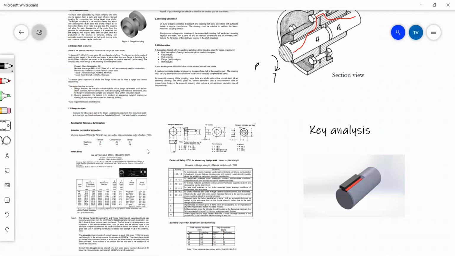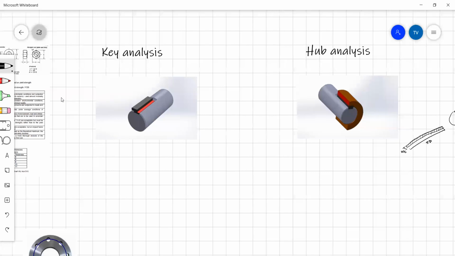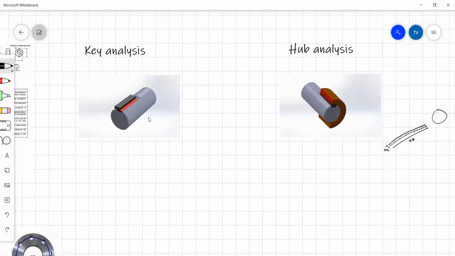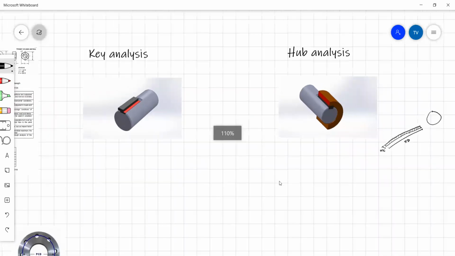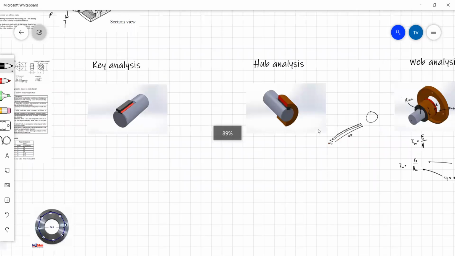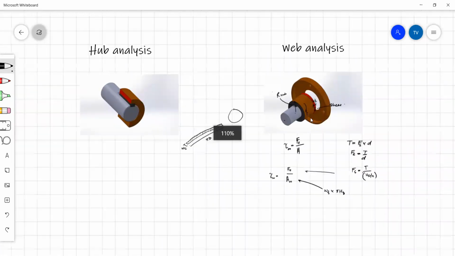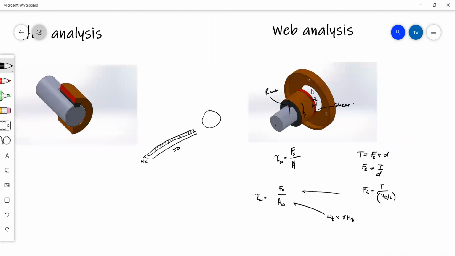So can we use the circle area formula? So pi r squared. No, because the shear surface isn't the area of the hub, if you get what I mean. We're not interested in this. We're interested in the outside surface only, not the face surface.